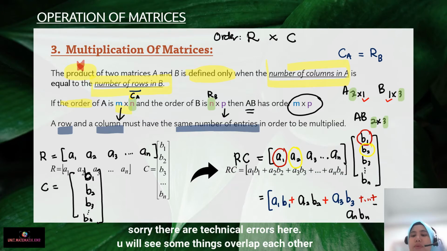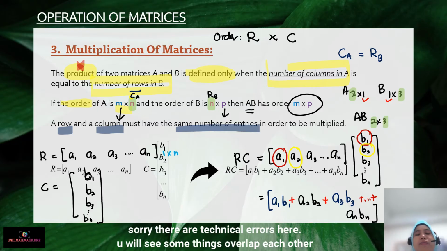Some of you will ask me where we should put the addition symbol. It comes from our order. Let's look at it. What is the order of matrix R? The order of matrix R is 1 by n.